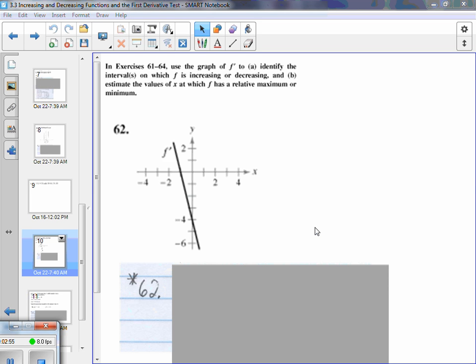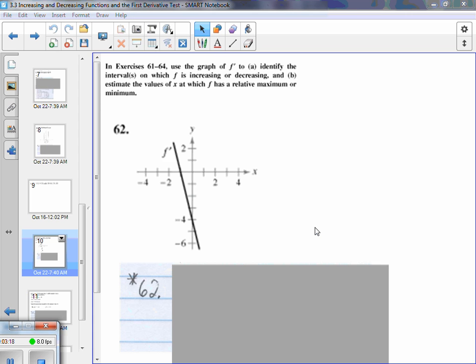Function can't change directions unless the derivative equals 0 or does not exist. We're going to use those concepts to either be given f and figure out things about f prime, or in the case of 62, be given f prime and figure out things about f. Okay? So take a look at number 62.